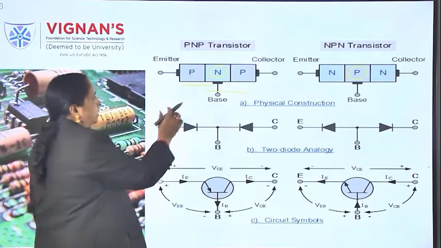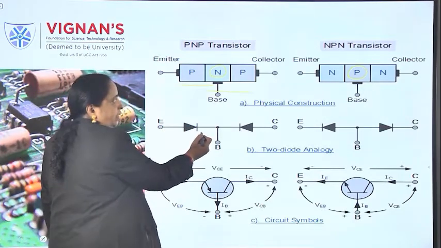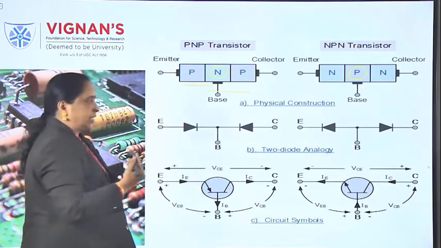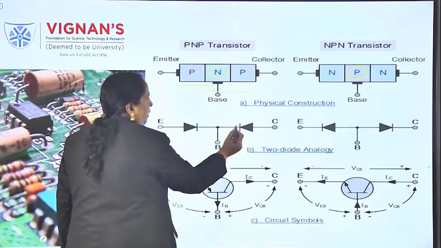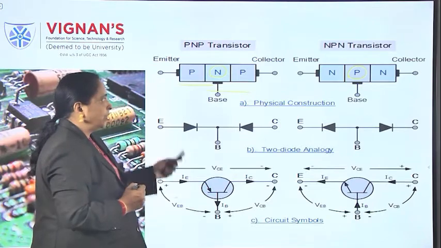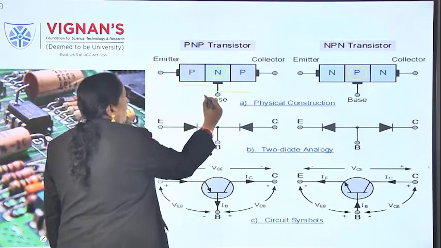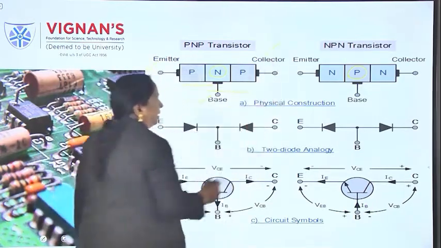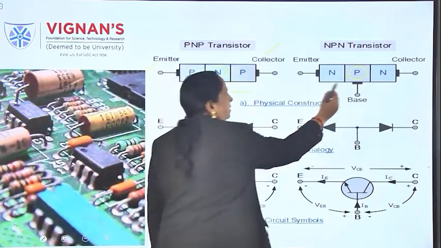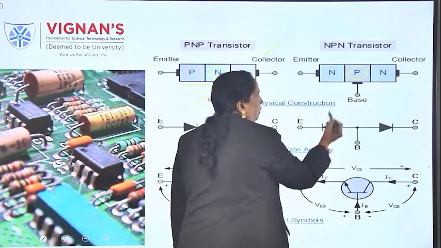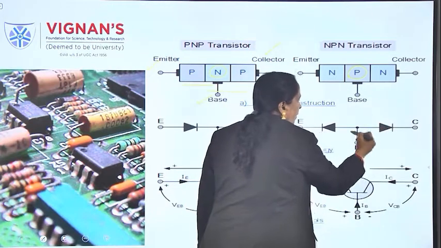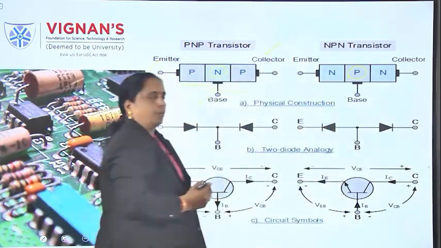Constructionally it is a PN junction diode connected in the back direction, so that the two cathodes are joined together and considered as the base terminal. So the important terminals are emitter, the middle one is the base, and another one is known as the collector. Similarly, if you take an NPN transistor, N is a cathode, P is an anode. Similarly, NP, so the cathode and anode joined together we call the base terminal.